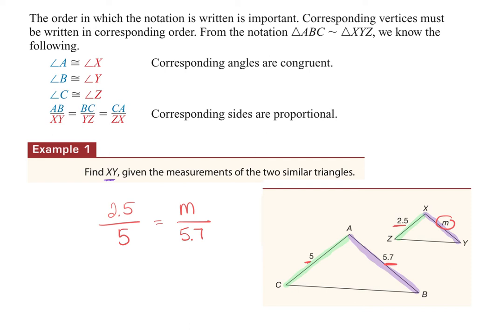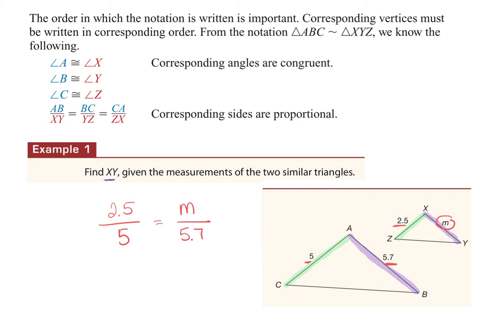Now, here's a weird question. Can I reduce any of those fractions? Yeah. Do you notice that 2.5 and 5 are related somehow? Yeah, it's exactly half, right? So I could actually reduce that to be 1/2, which is what I would do here. Why do you think I'd do that? Because if I cross multiply, I'm going to be multiplying decimals, right? I'm still going to have to deal with decimals a little bit, but a little bit less if I recognize that.